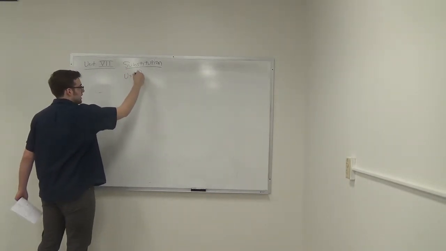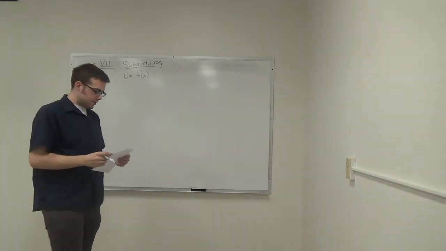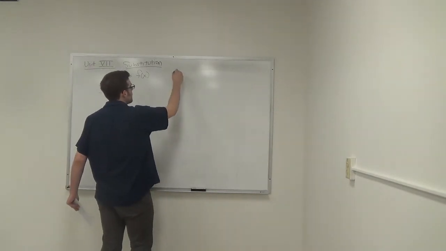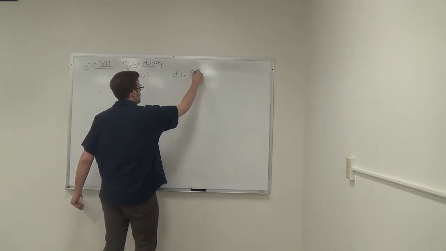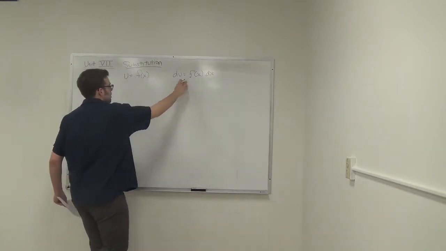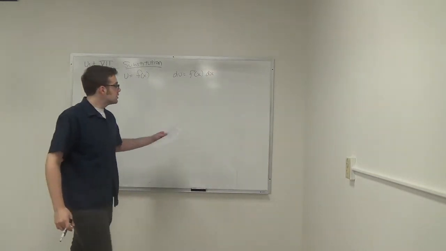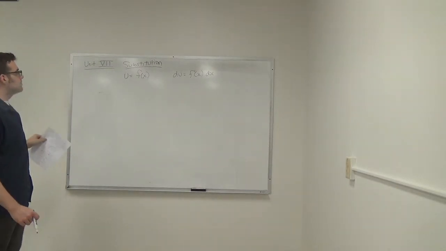u is defined as f of x and du is the derivative. It is the differential of the term. So it's the derivative of f of x times the differential d of x.